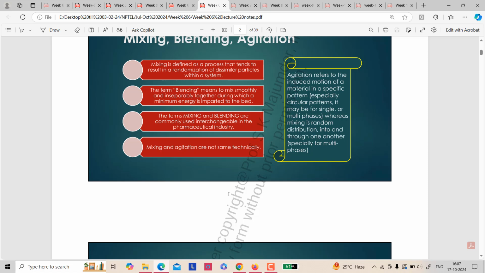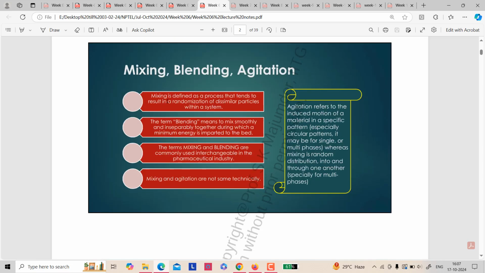Mixing, blending, how mixing, blending and agitation work. Both are almost the same term, but the difference is that mixing is defined as a process that tends to result in a randomization of dissimilar particles within a system. The term blending means to mix smoothly and inseparably together, during which minimum energy is imparted to the bed.